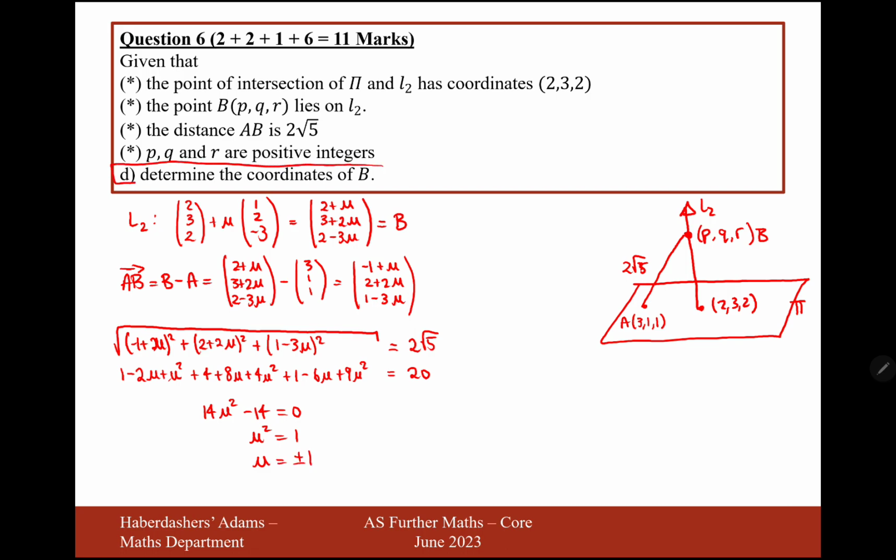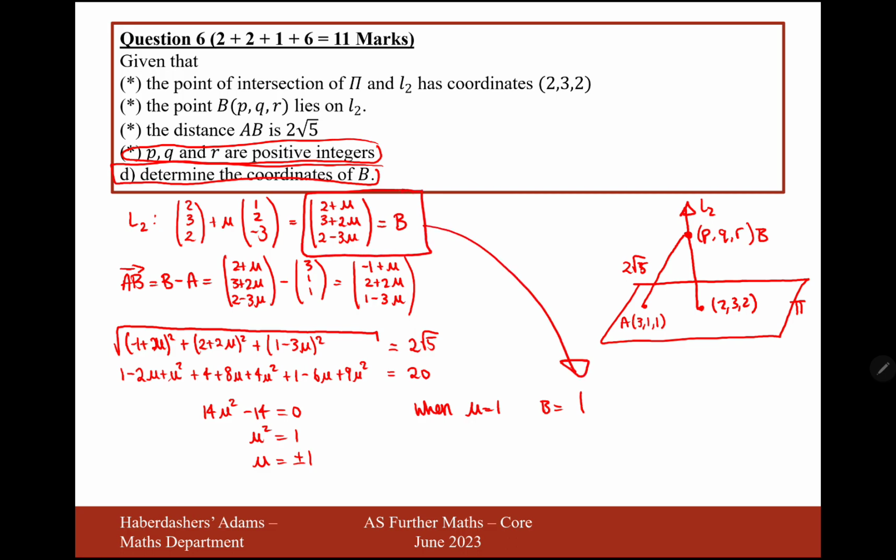Now, we know that P, Q and R are positive integers. So we need to use the correct value of mu to get positive integers. So when mu is 1, B is going to be the coordinate: 2 plus mu would be 3, 3 plus 2 is 5, and 2 minus 3 gives minus 1.